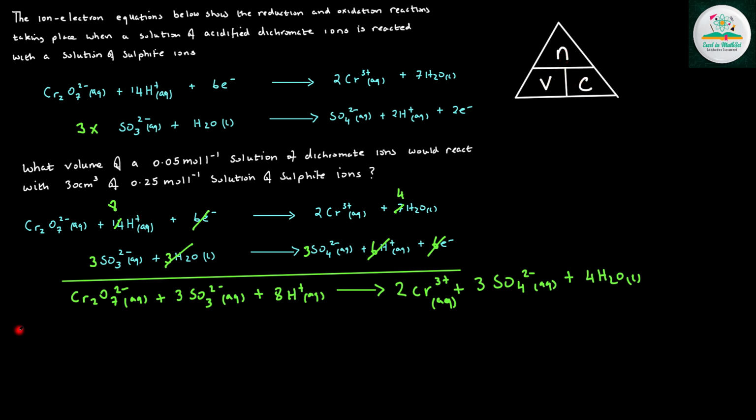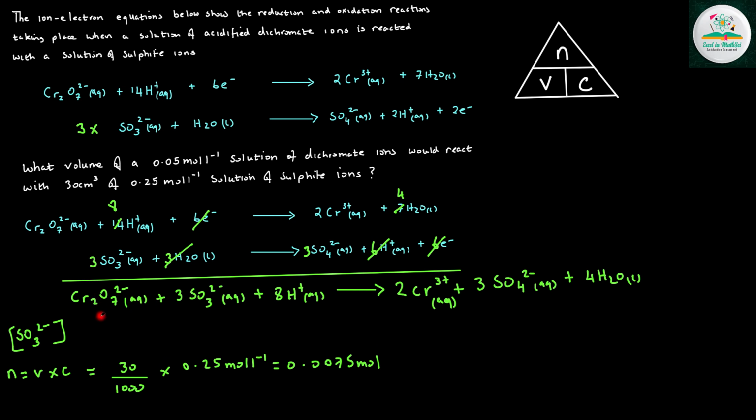So the sulphite ions, that would be SO3 2 minus, so n is equal to V times C. Now the volume must be in liters, so we need to divide this by 1000 and multiply that by the concentration, which is 0.25 mole per liter. That would give me 0.0075 mole.